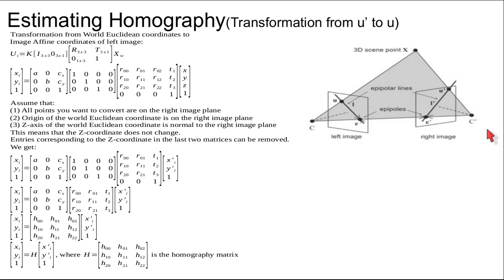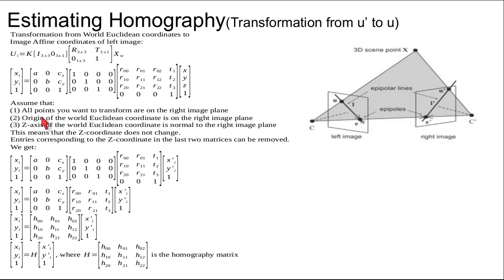The first assumption is that all the points that we want to transform are on the right image plane. This is a valid assumption anyhow, because we want to transform one image to another image. So why worry about points that are elsewhere? We should consider only points that are on the right image plane. And let's figure out how to transform these points into the left image plane.